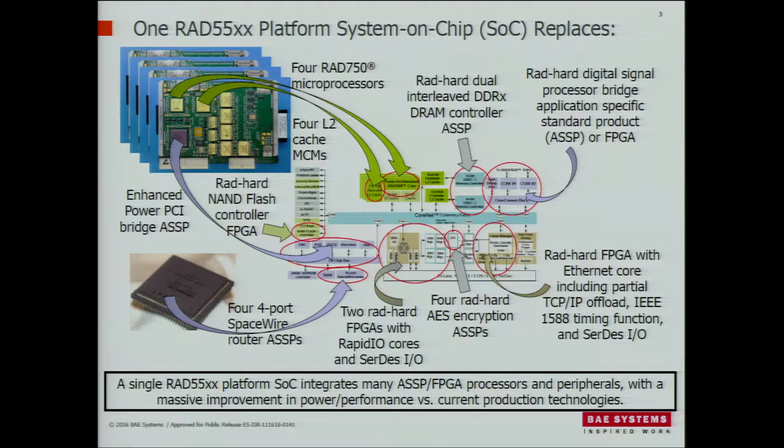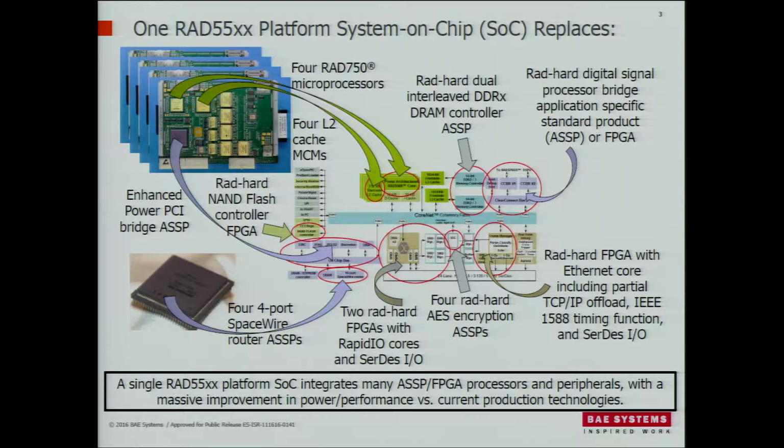But the message here is in the top left-hand corner is a picture of a current era RAD750 single board computer. And there's 4 copies of that picture because this is a quad core device. On that single board computer, the green arrows are to the RAD750 device and the L2 cache, which is actually a separate device.